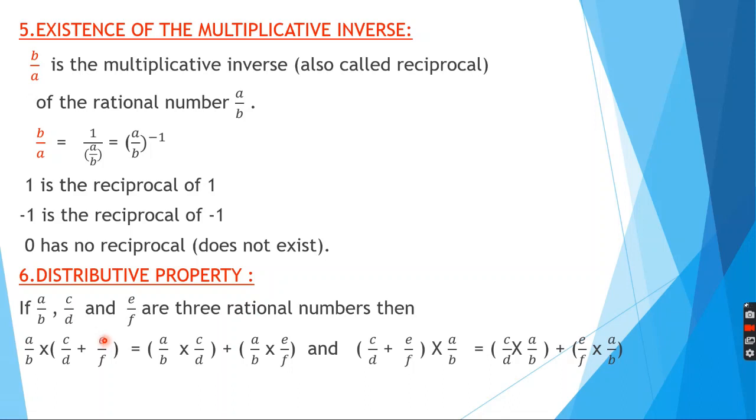Or we can say that if c by d plus e by f are two rational numbers and we are distributing a by b, then it is c by d into a by b plus e by f into a by b.